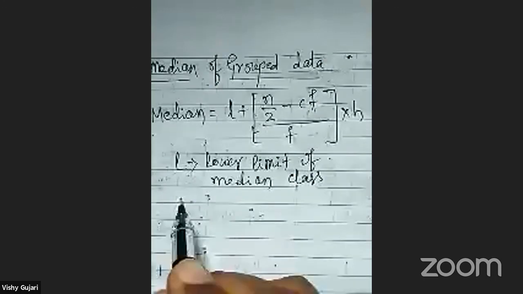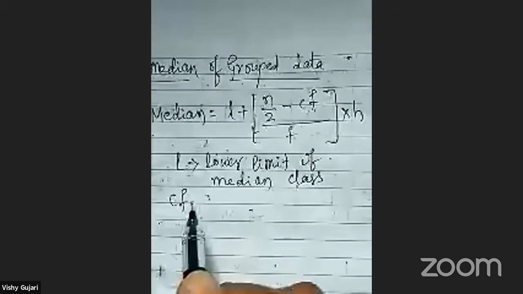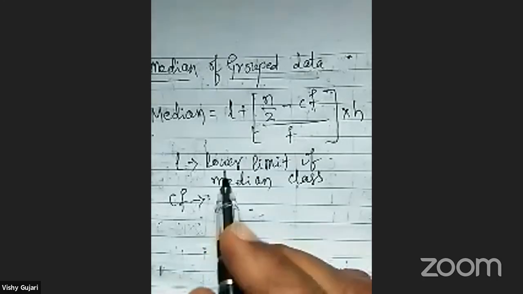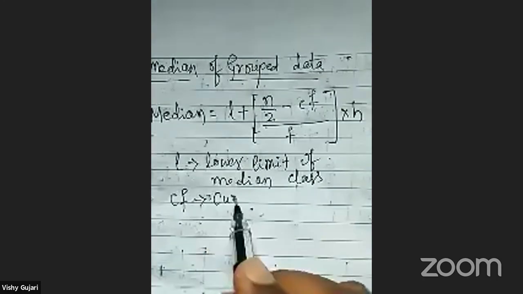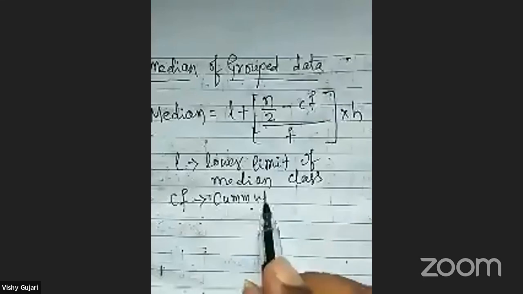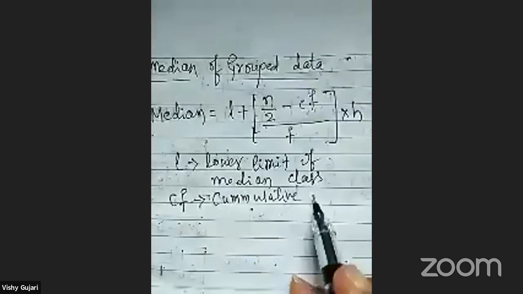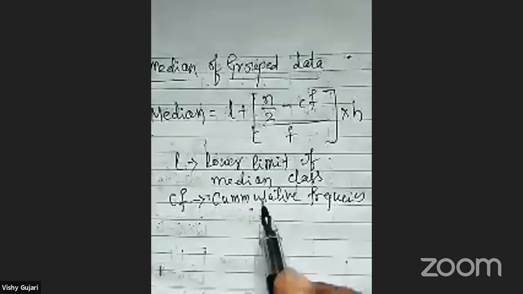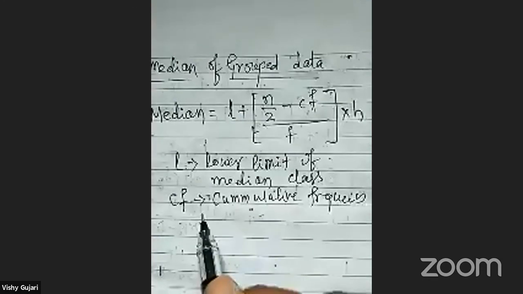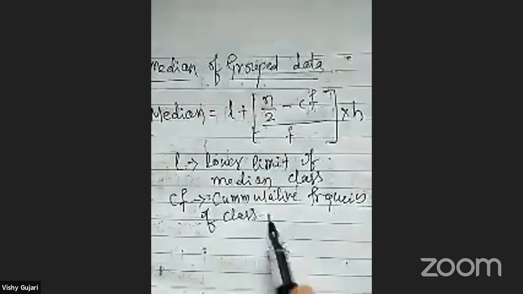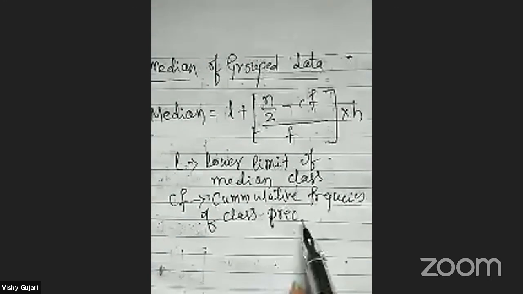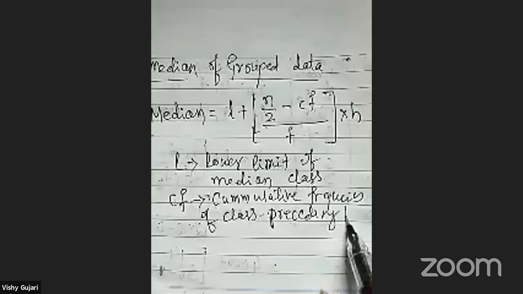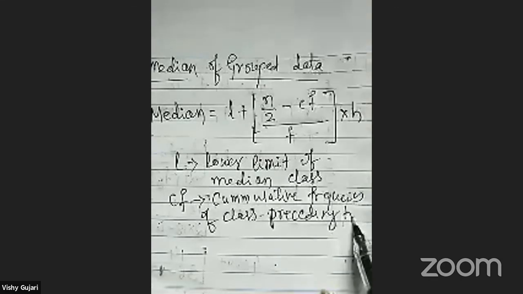CF means cumulative frequency, that is, the cumulative frequency of the class preceding the median class.